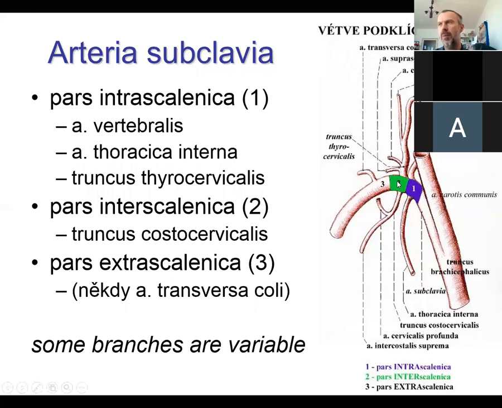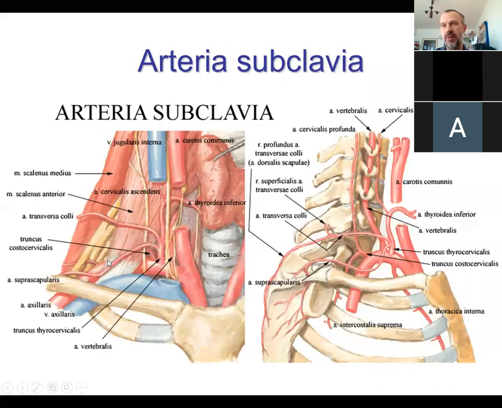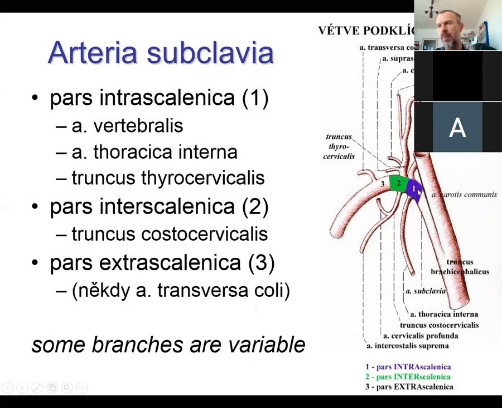The middle part we call interscalenic, as it's between the anterior and middle scalene muscle. The third part we call extrascalenic, as we can see it outside. This is this part, so you saw it emerging from the scalene muscles. And the first part is medial to the scalene muscle.